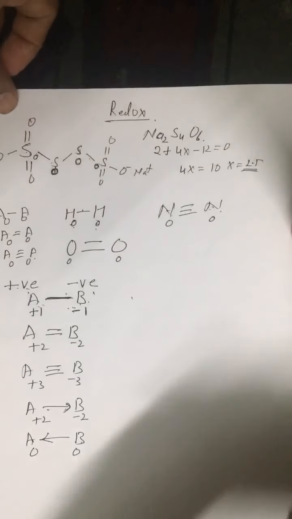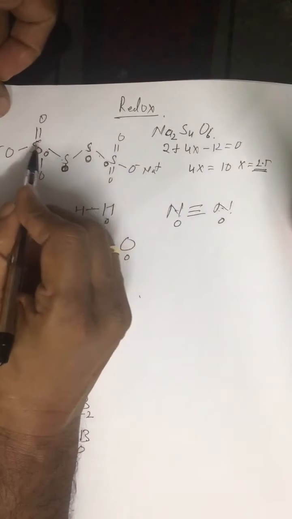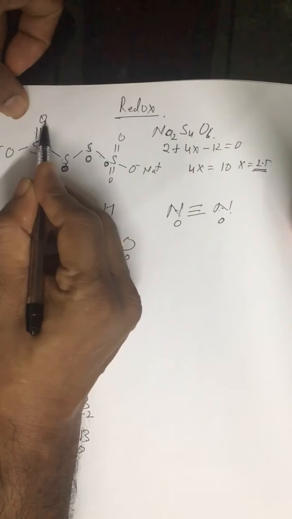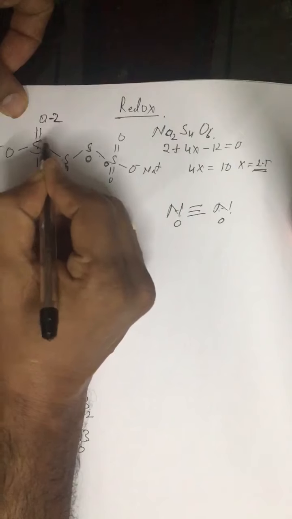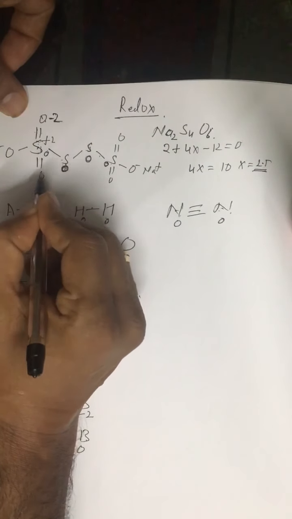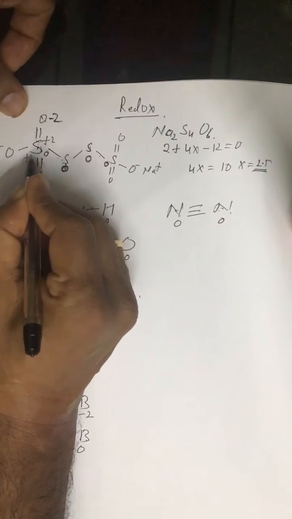So on the basis of this, look at the sulfur. The sulfur is doubly bonded to oxygen and oxygen is more electronegative, so oxygen is awarded -2 and the sulfur is given +2. Now look at these two bonds. For these two bonds, oxygen is given -2 and sulfur is given +2.